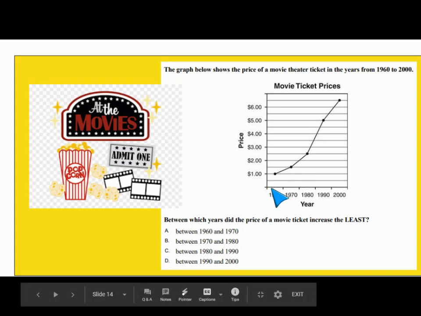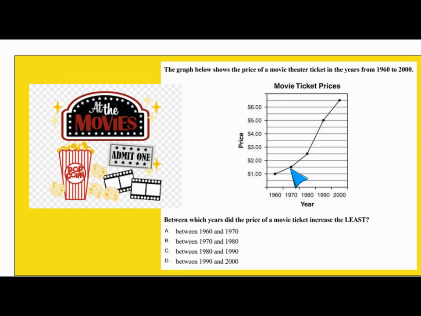So between 1960 and 1970, the ticket increases from $1 to $1.50. I know that's $1.50 because it's right in the middle of $1 and $2. 50-cent increase. Between 1970 and 1980, we're going from $1.50 to $2.50, so a $1 increase. So far, I'm right.